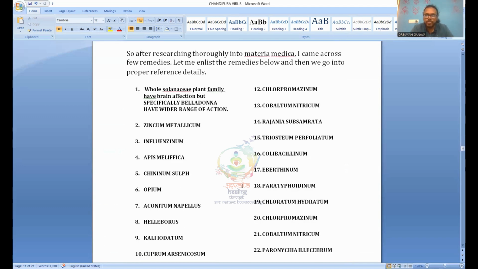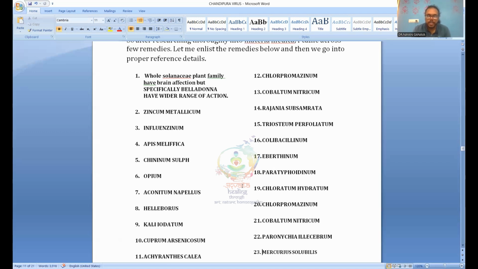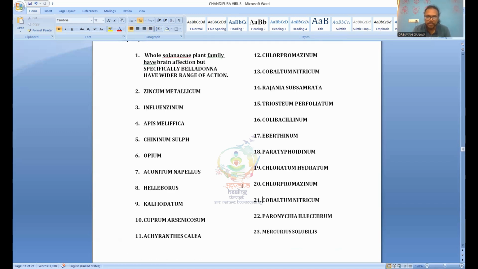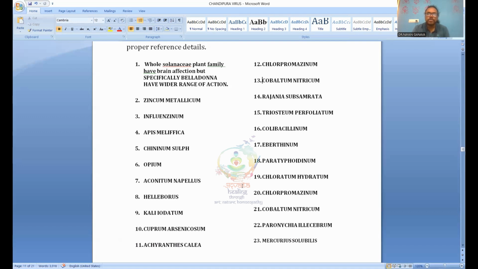After searching thoroughly through the materia medica, I came across a few remedies. Let me tell you the remedies which are coming up in materia medica for encephalitis, and that is also acute encephalitis. If you see the whole Belladonna group, the Solanaceae plant family, they have a particular affection on the brain.